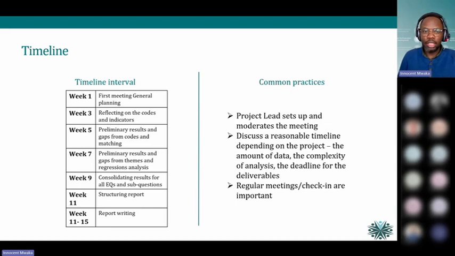I must again mention that here it's usually iterative, so it's not step by step, but it's repeated over and over again. But it's important to have a plan for the time.